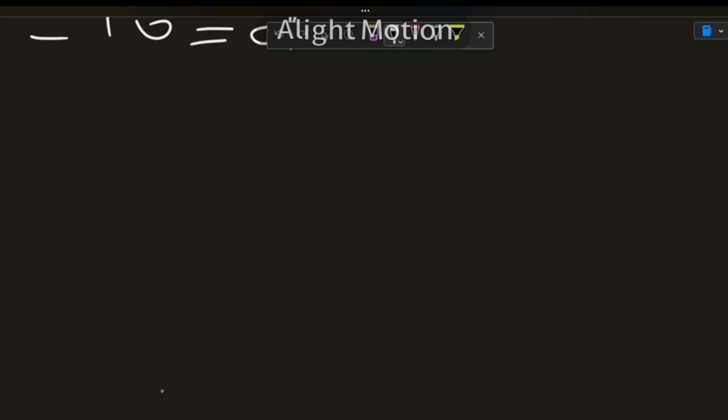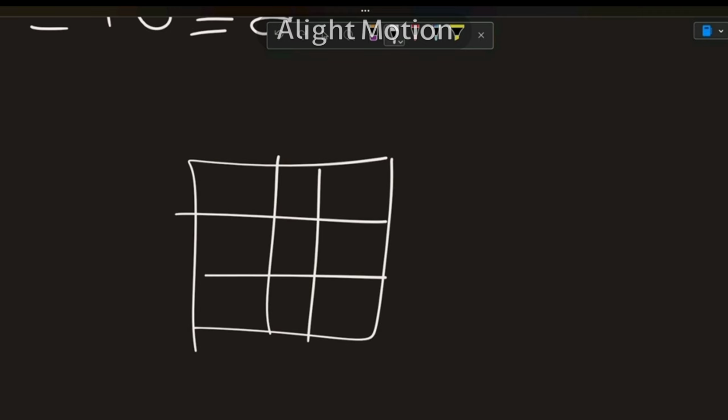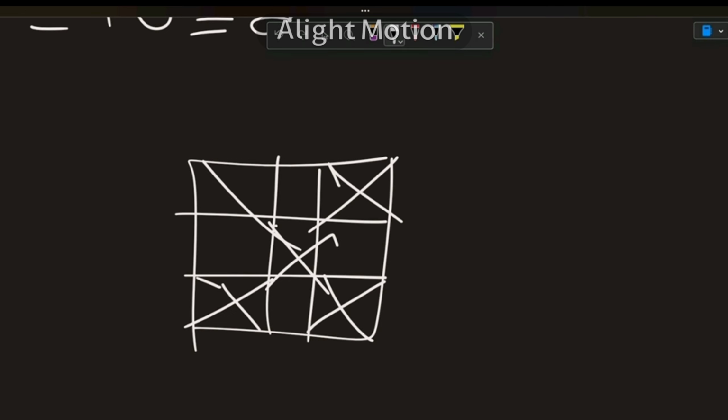One second, let me explain it again. So this is the colored grid, right? Now look, let's say it is like something. If I color this whole, 2 diagonals are colored, right? One was this one and one was this one. These all are colored, right? Okay, so I am coloring this one as well.